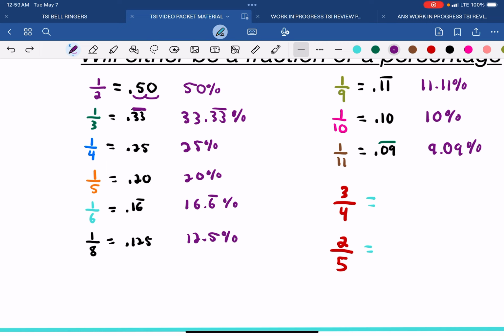Cool. These are the common fractions that you will most likely see.